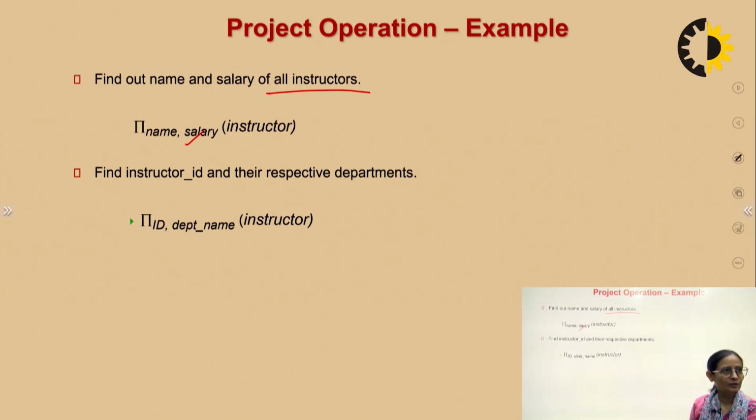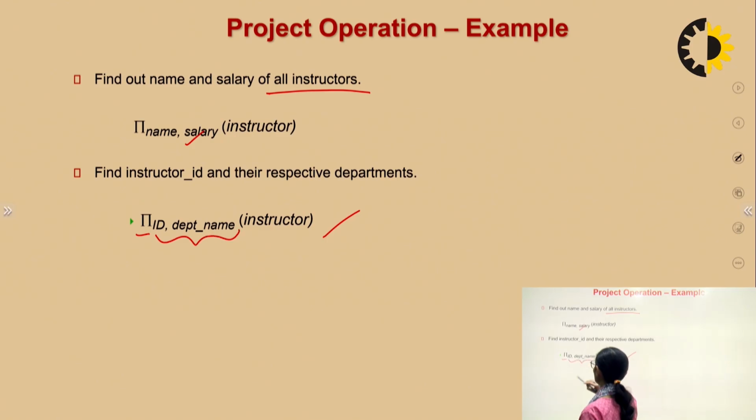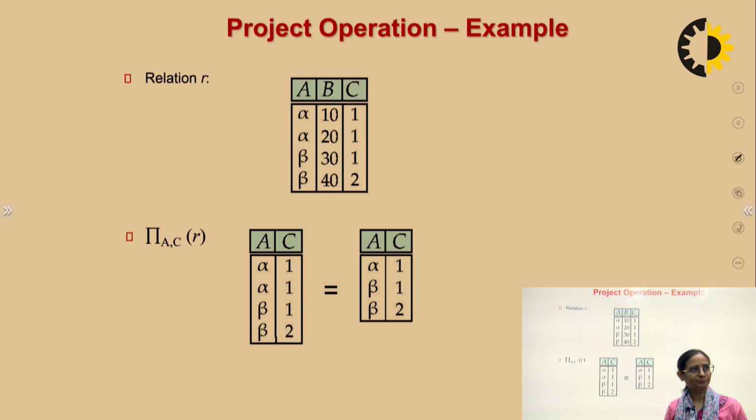So find the instructor ID and their respective departments. So this is my relational algebra query, that is pi, and then the names of the columns which I want to show, and this is the name of the relation.